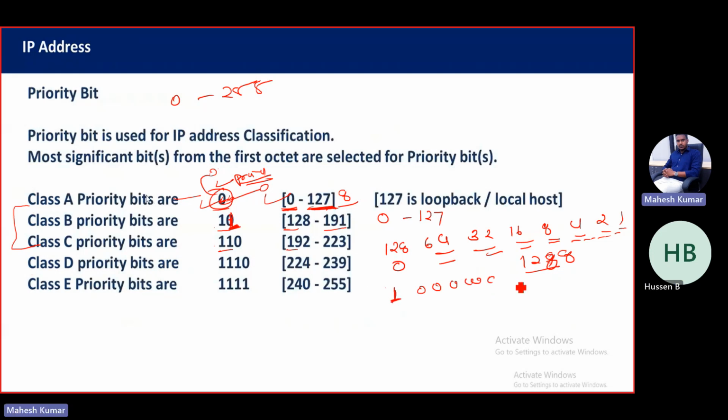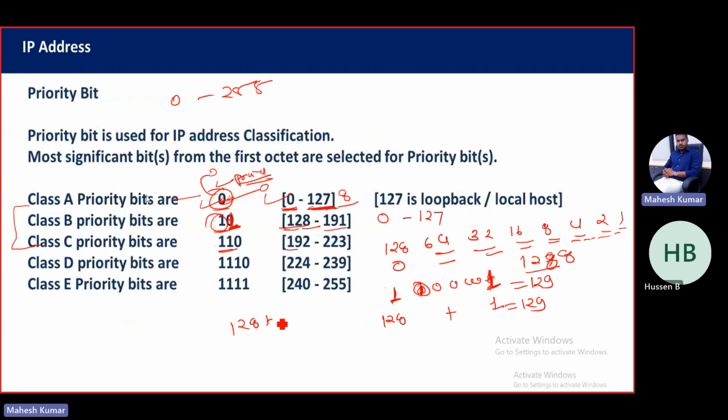If I use 129 in class B, then I need to enable the last bit also: the first bit value is 128, the last bit value is 1, so the total is 129. That is the reason we are using 10 as the priority bits. In class C also the same condition.